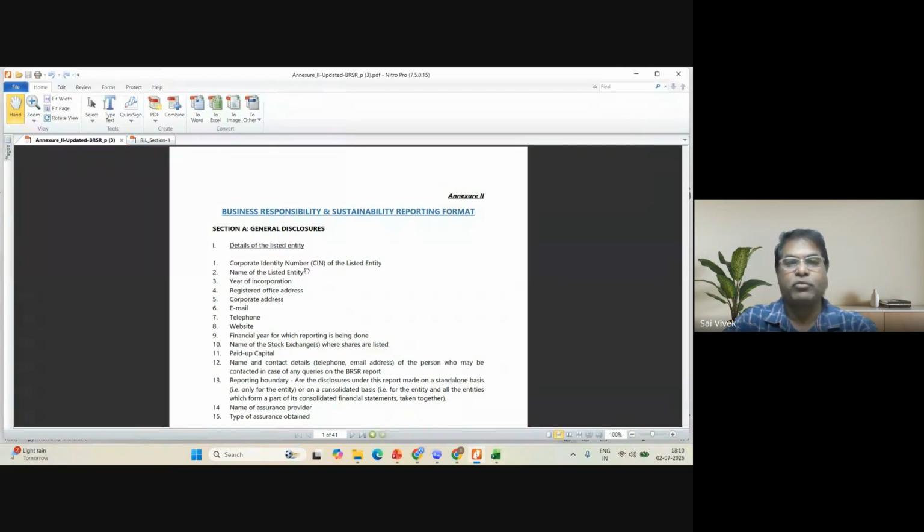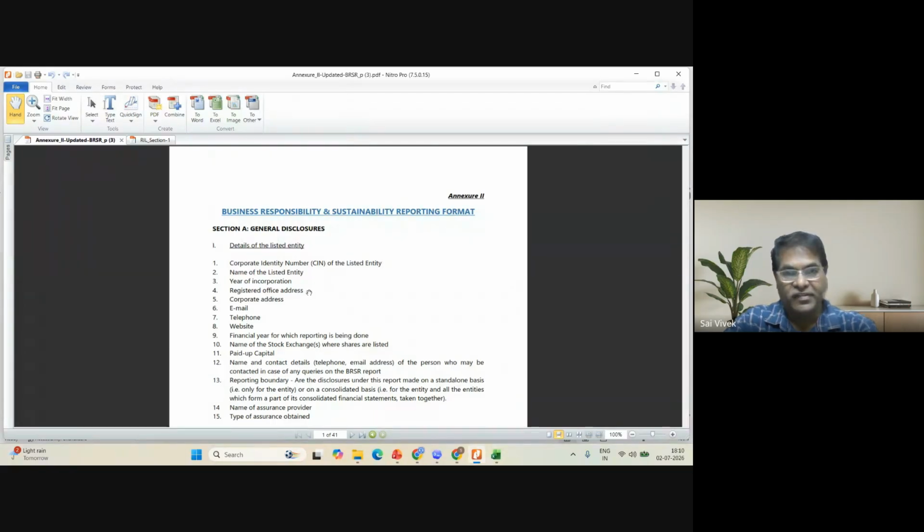That name, it could be Reliance India Limited, or it could be Reddy's Lab, or anything. Year of incorporation, in which year this entity or company has started, is given here. It could be in any year, 1970, 1950, 2010, 2024, anything.